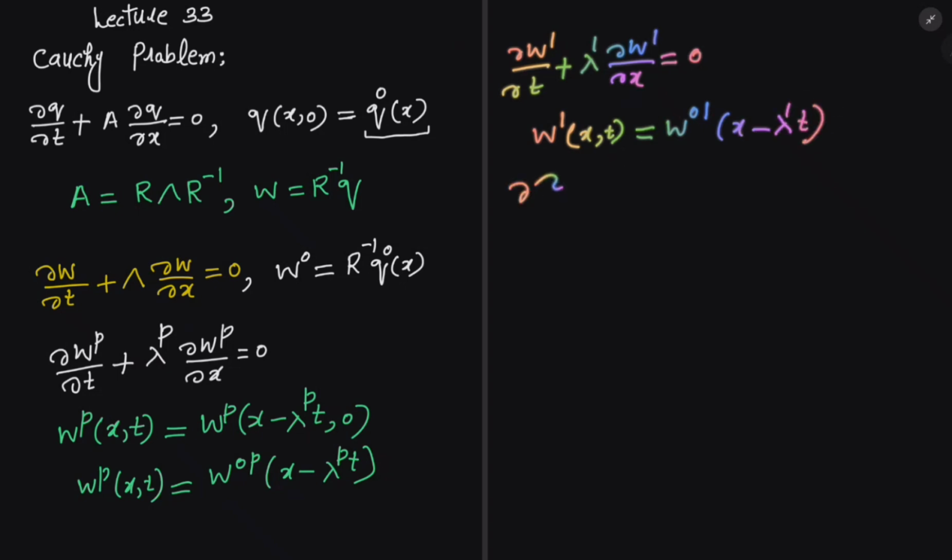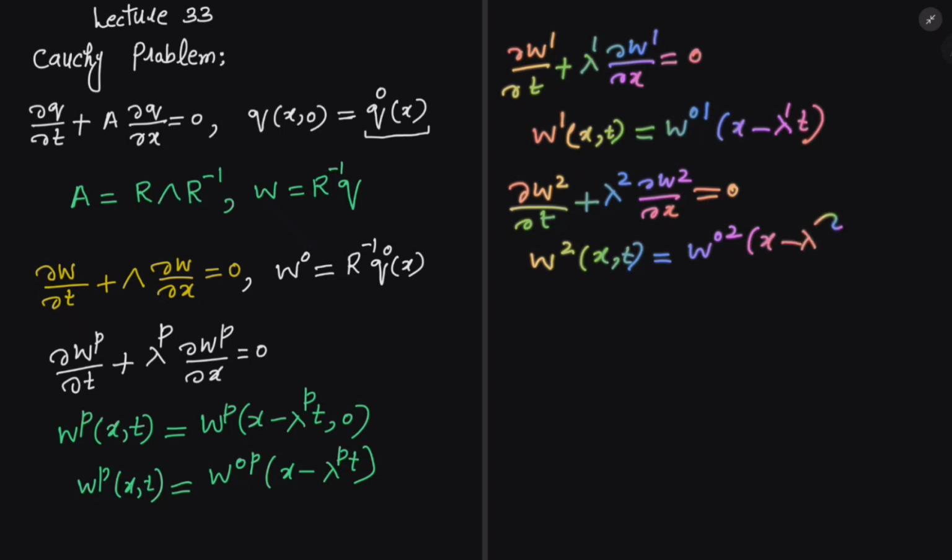Similarly, when we have p = 2, ∂w2/∂t + λ2 ∂w2/∂x = 0, for this advection equation we have the second solution w02(x − λ2 t), and so on. I hope you understand this point.